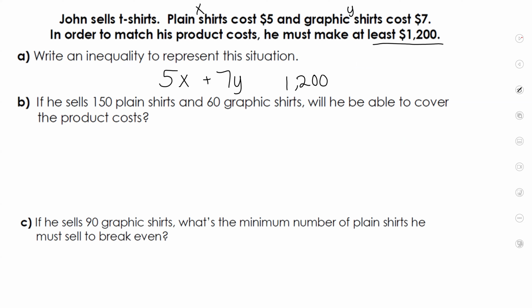So I'm going to put greater than or equal to 1,200. He's happy if he makes 1,200, but if he made more, he'd be even happier. So this is a key thing you need to know. When it says at least, you're most likely going to use a greater than symbol.